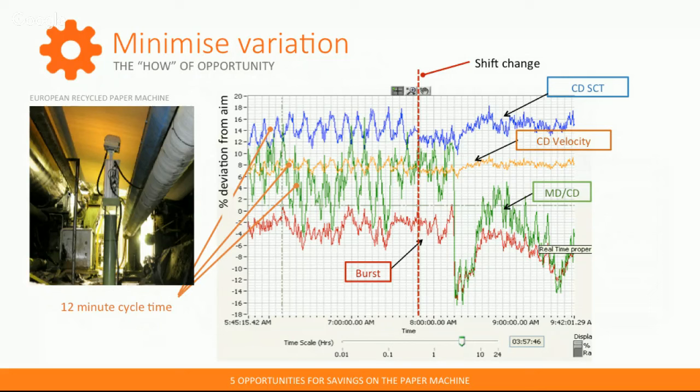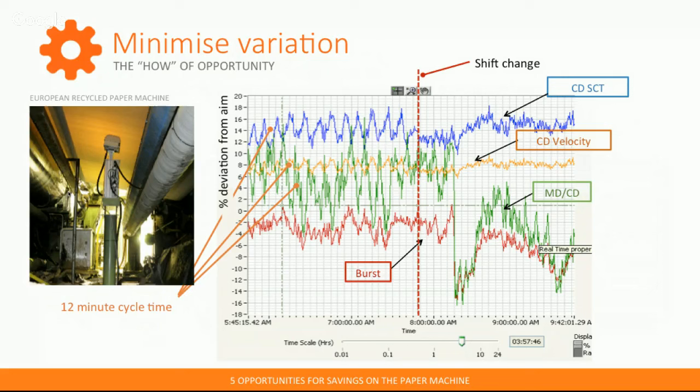So they're continuous plots, and they go for, I guess, probably 4 or 5 hours. But the interesting thing about this is that there's a shift change at 8 a.m. The red vertical dotted line is the shift change.